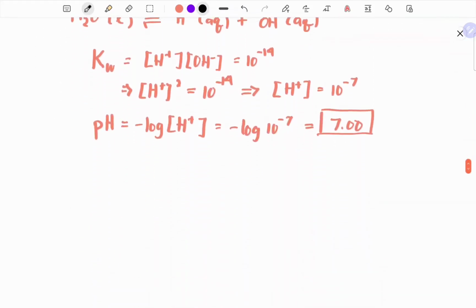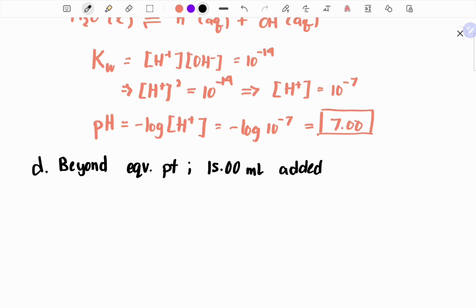Let's now do the final region beyond the equivalence point. Let's consider 15 ml added. With 15 ml of HCl, hydrochloric acid now becomes the excess reagent.